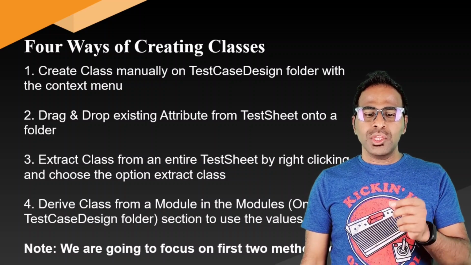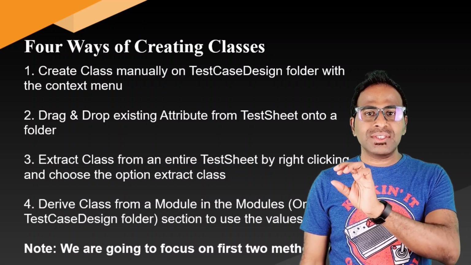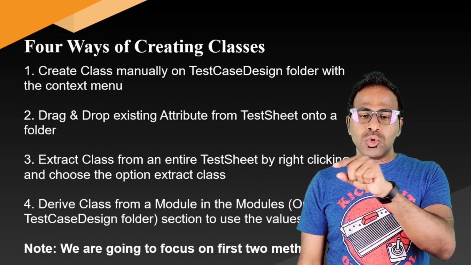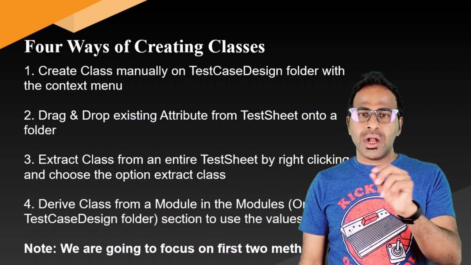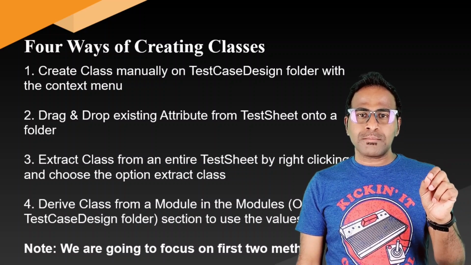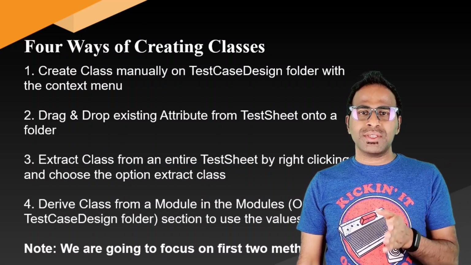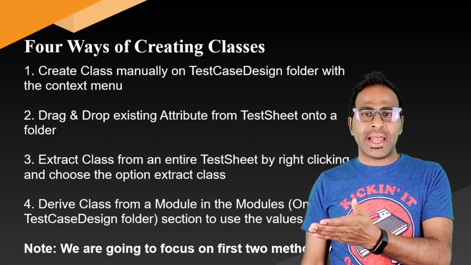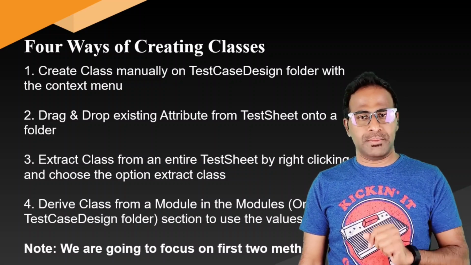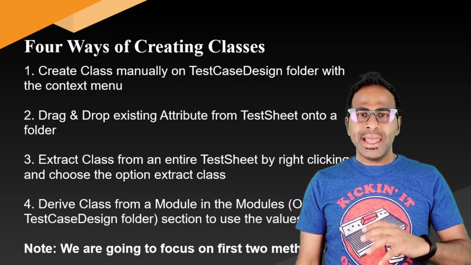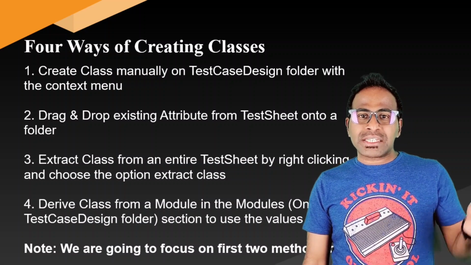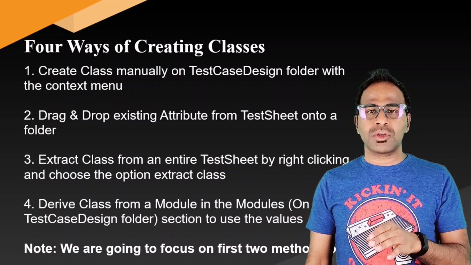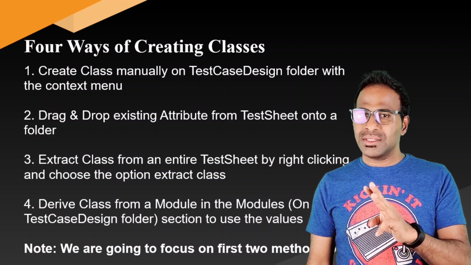You can drag and drop your existing attribute from the test sheet to one of the folders under the test case design module. That means you are basically converting your existing attribute to a class. So that is another way. And the third way is to extract a class from an entire test sheet by right clicking and choosing an option called extract class. That is the third method.